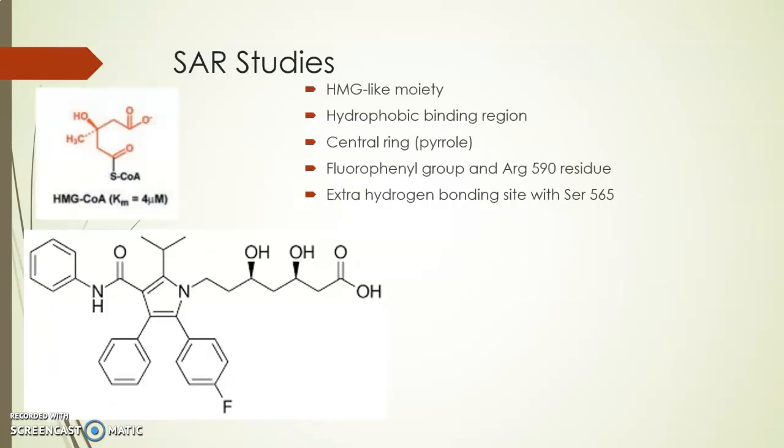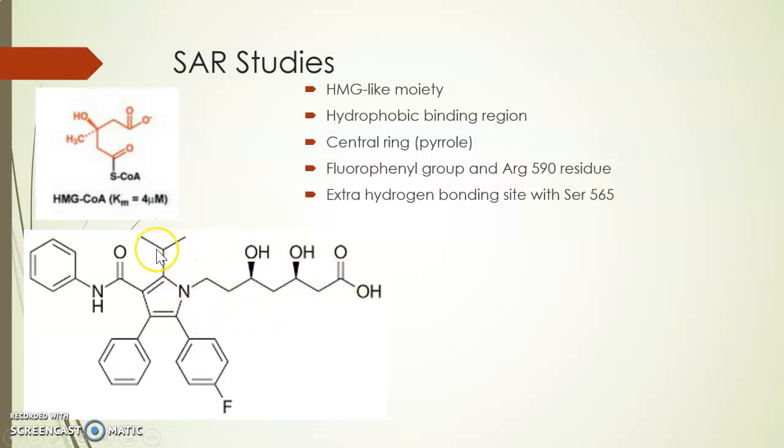So what exactly is important in this molecule? Right here we have the HMG-CoA, which our drug is trying to act like to get into the enzyme. This part right here is the HMG-like moiety, and this is what you need. This is what all statins have, so it is a very important part of the molecule.